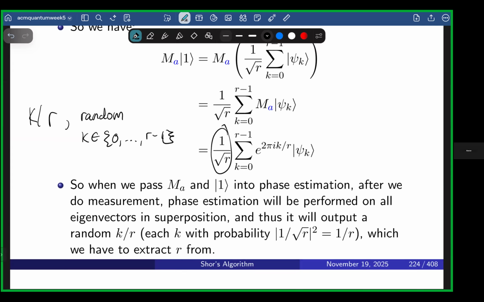Does that argument make sense? Ideally, if we could prepare psi 1, we would just do that, but we can't because psi 1 has r in it. So if we sum all the eigenvectors, we somehow get 1, so we're just going to pass 1. But the consequence of that is that we don't know which eigenvalue we're reading, because we passed in r different eigenvectors. Does that make sense?